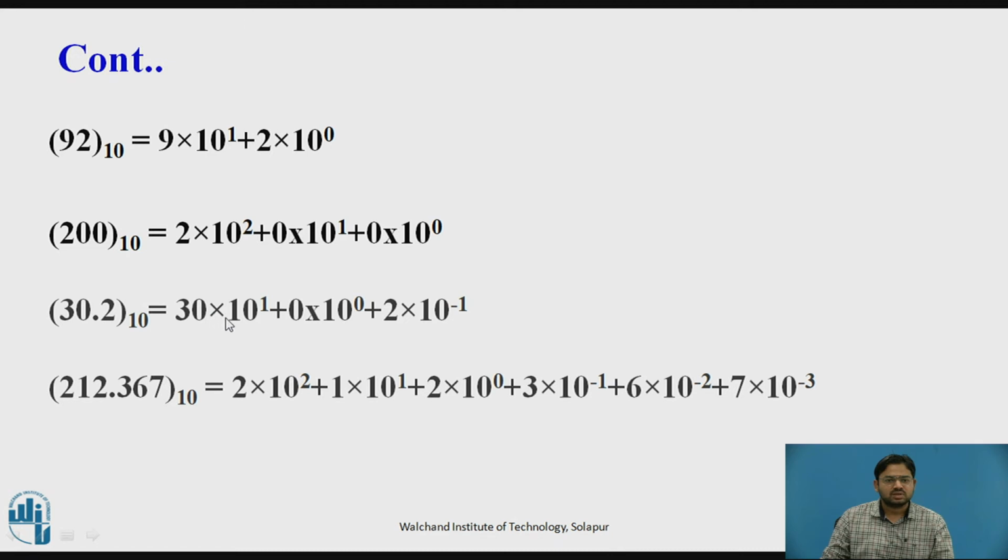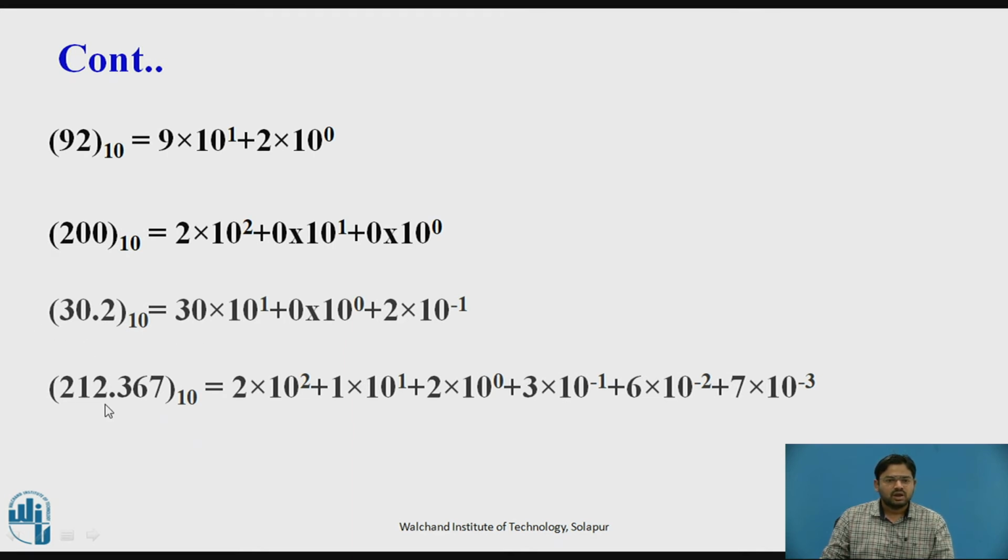So take 30.2 in this way. It can be represented as 0 with a weight of 10 raised to 0, and 3 multiplied by 10 raised to 1, plus the 2, which has a weight of 10 raised to -1, so it is 2 multiplied by 10 raised to -1. When you solve this, you will get the solution again, that means 30.2.